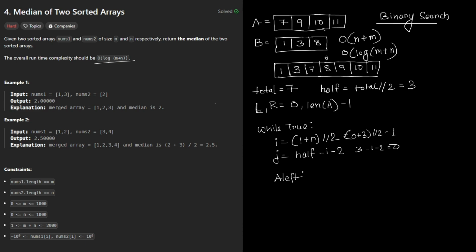So A left of i, then A right of i plus 1. Then we are going to have B left, which is going to be j, and B right, which is going to be j plus 1.